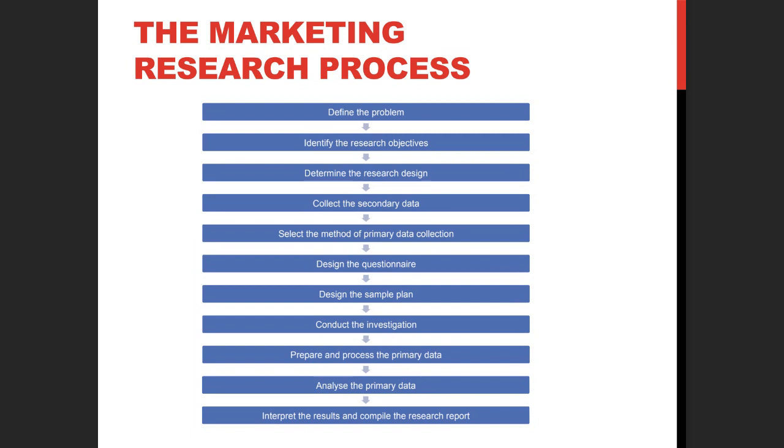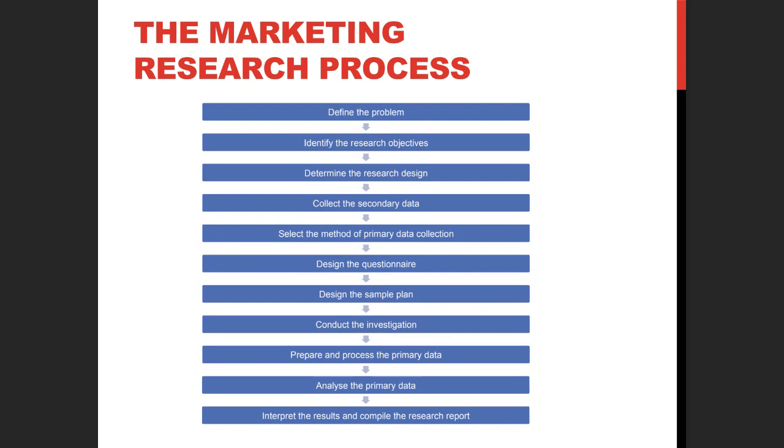For the very first step, whereby you ought to define the problem, we are saying that after investigating the actual situation on the ground, in demarcating the marketing problem or opportunity, the problem is formulated as a clearly defined research problem or opportunity.